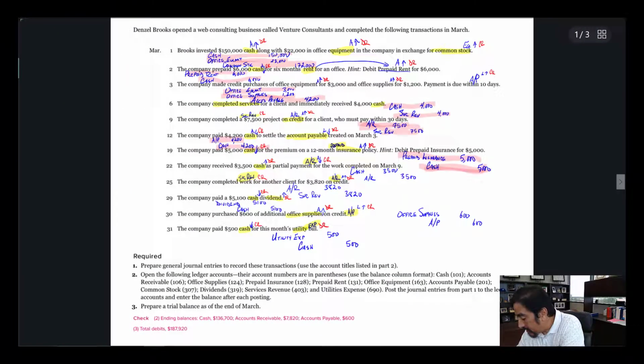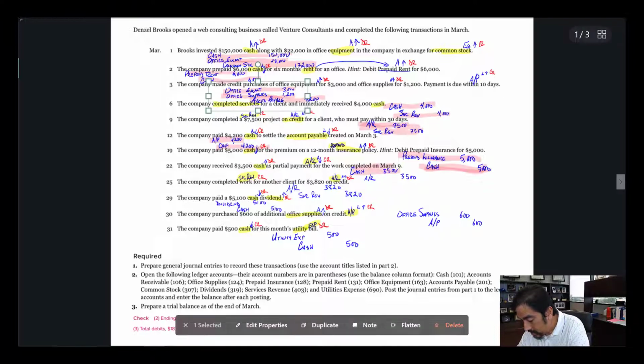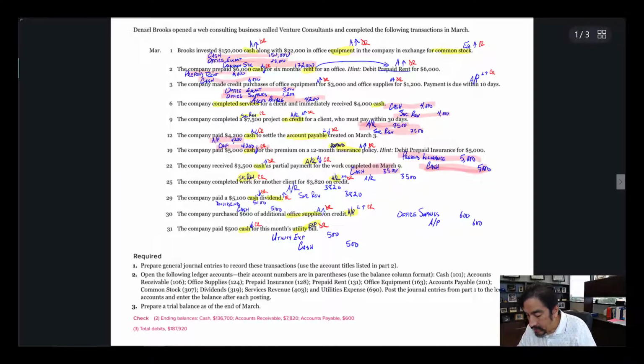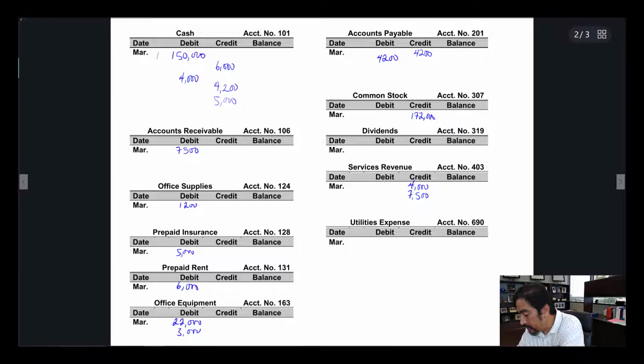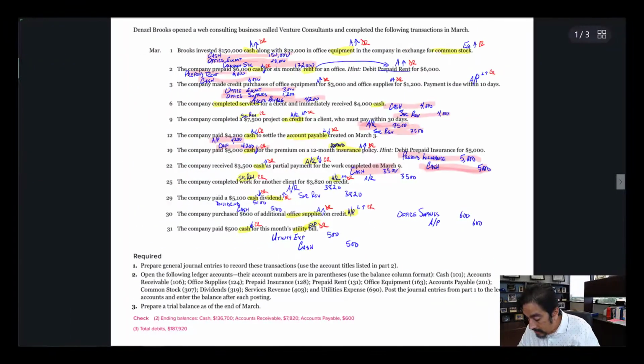I've got a debit to cash for $3,500. And I've got a credit to accounts receivable for $3,500.